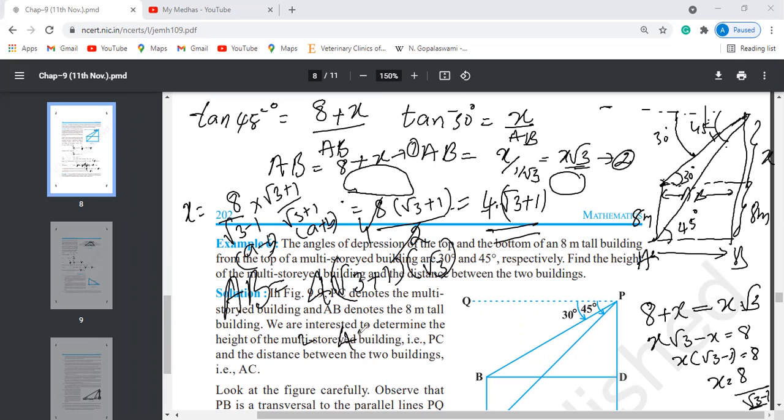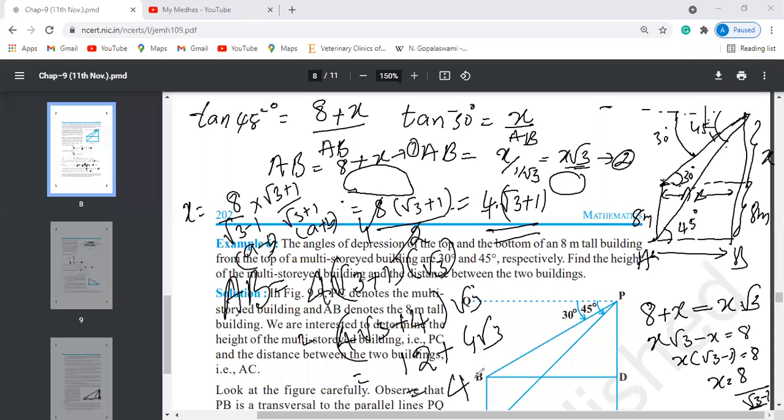So 4 into root 3 plus 1, you can multiply this root 3 here. So root 3 into root 3, how much? Root 3 into root 3 is 3. So 3 into 4 is 12, plus 4 root 3. So now which is common? This 4 is common.